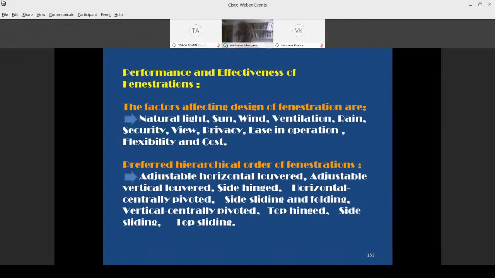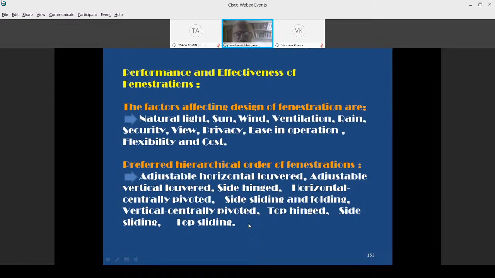That means, in my opinion, after undertaking studies with justified reason, the type of window which is most popular today is not at all good, it has a lot of limitations.